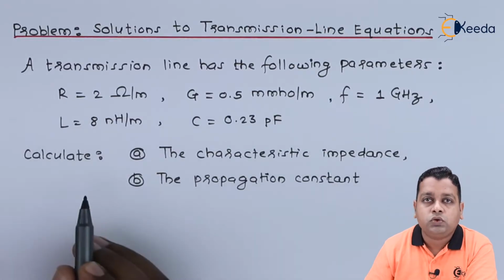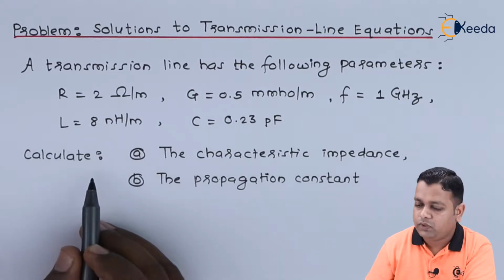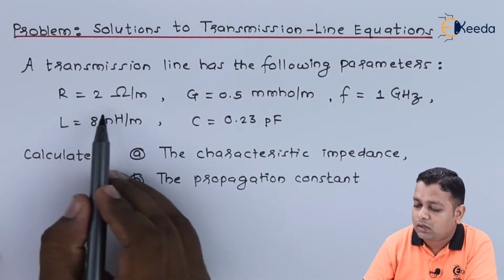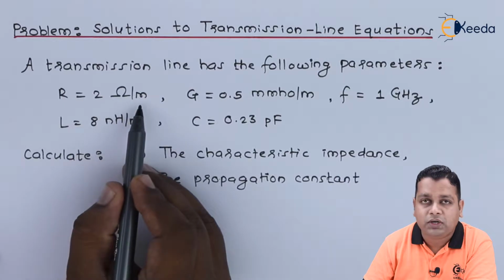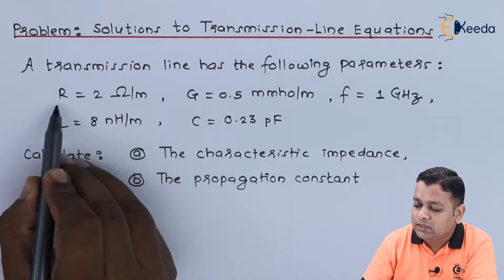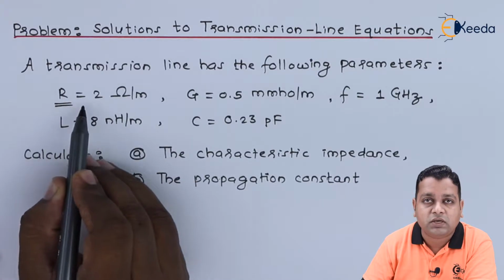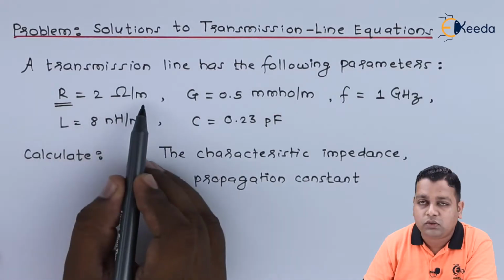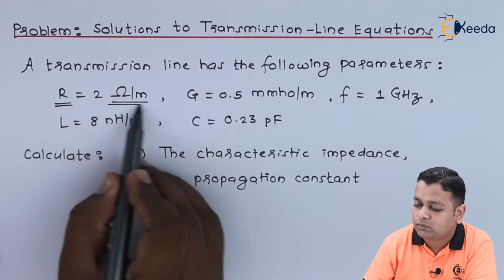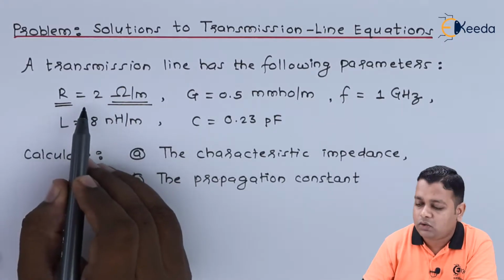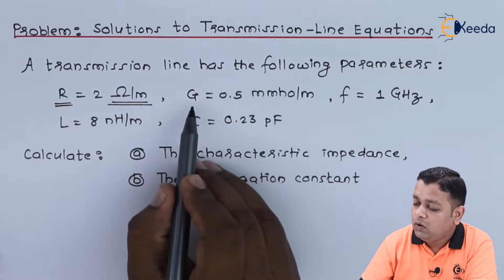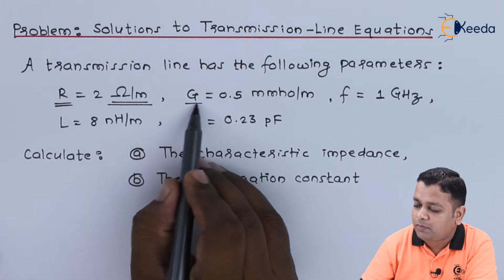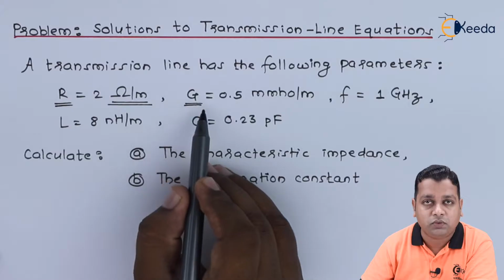constant. To read the problem statement, here we have the lumped parameter capital R per unit length. The resistance R is always measured in ohms, so we have resistance per unit length in ohms per meter, which has the value 2. Whereas we have the conductance represented by capital G, which is also per unit length.